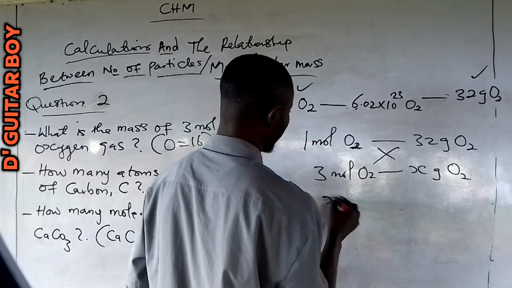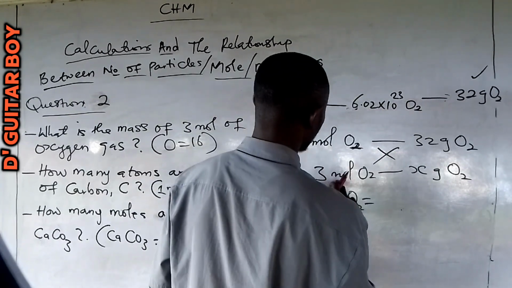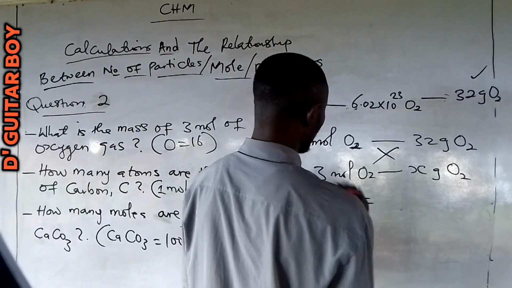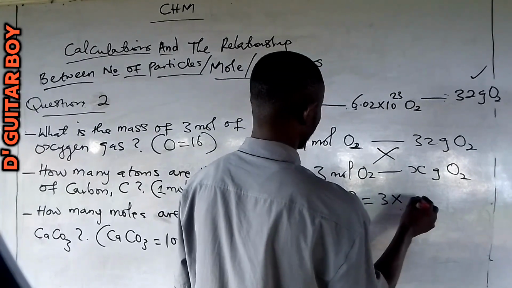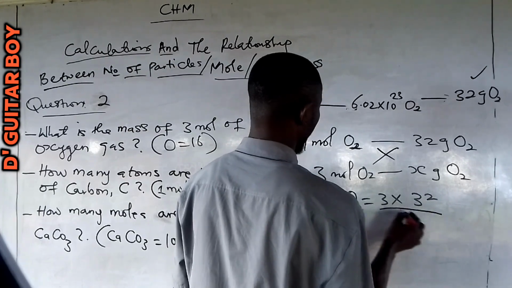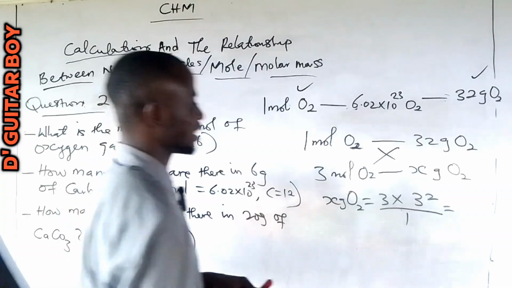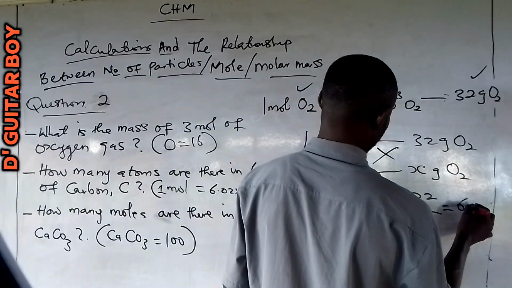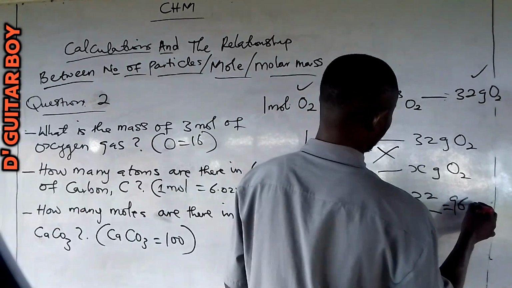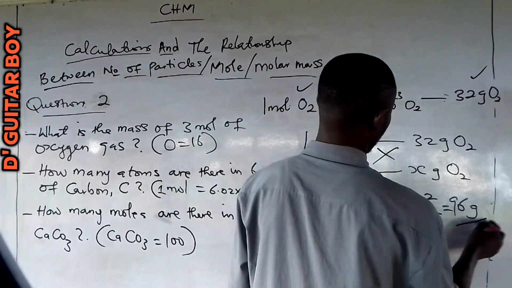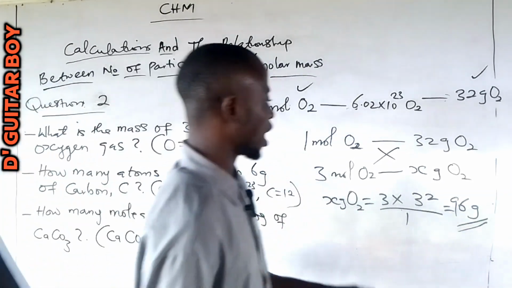S gram of oxygen molecule is equal to 3 times 32 all over 1, that's 96 gram of oxygen molecule. So this is the answer to this particular question.